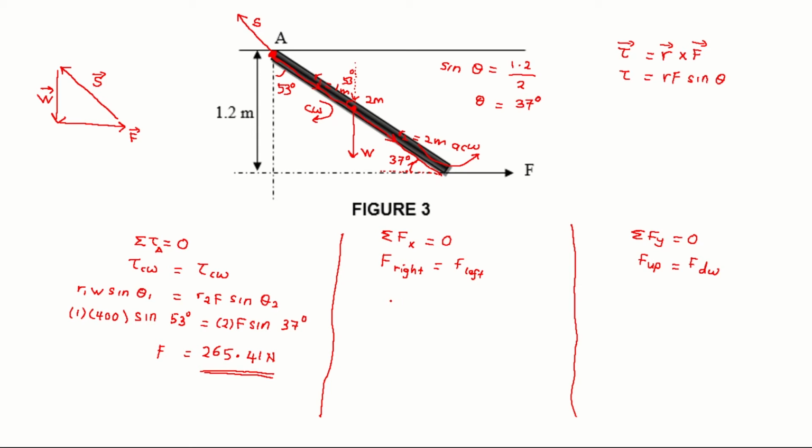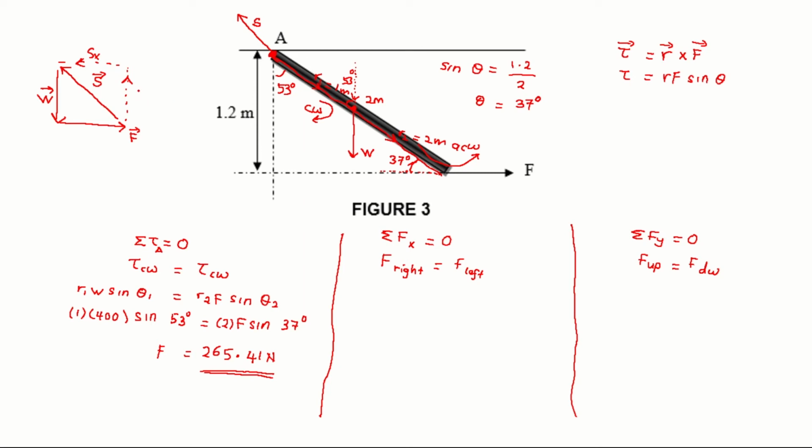Next for B, to determine the force at point A, we use X and Y components. Refer to the diagram. On the x-axis, we have force to the right, the applied force F, so the force to the left is Sx, direction to the left, and Sy is directed upward. So you get a closed polygon.